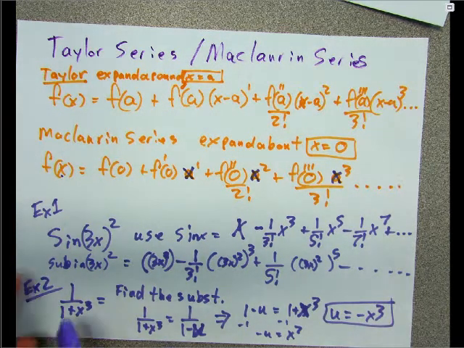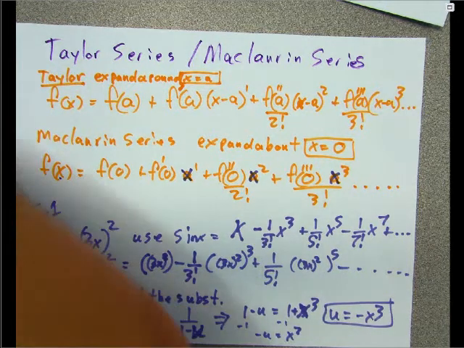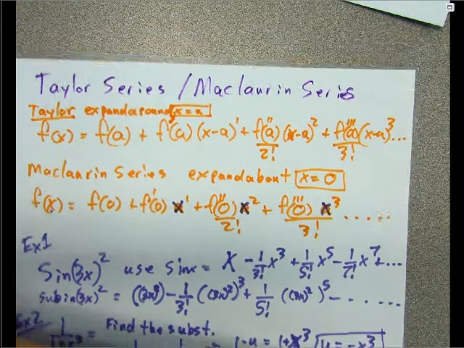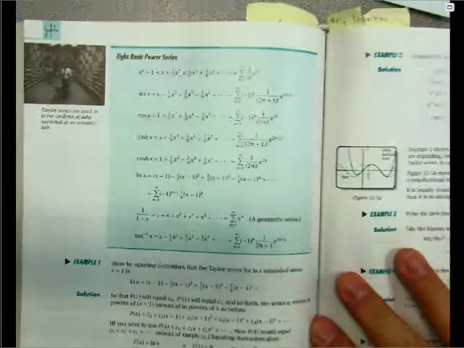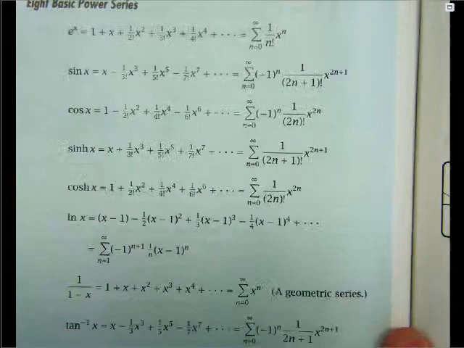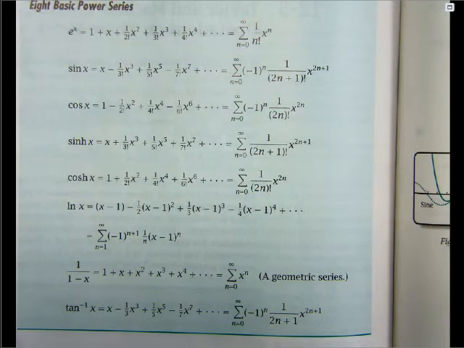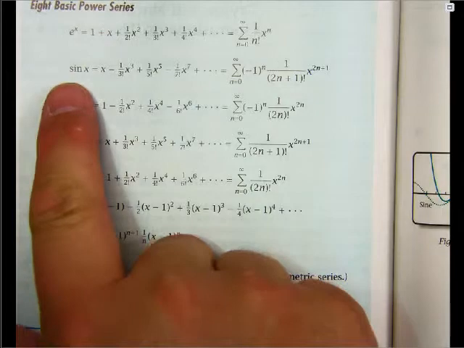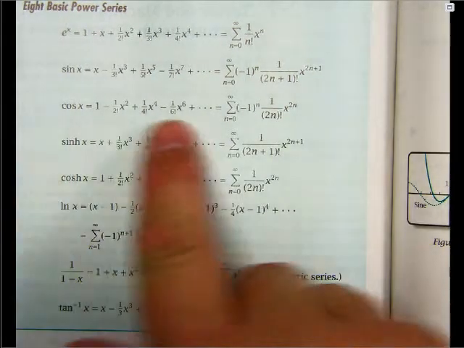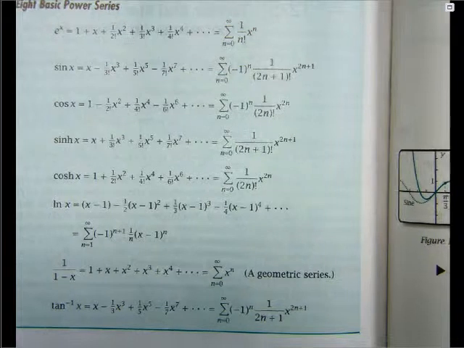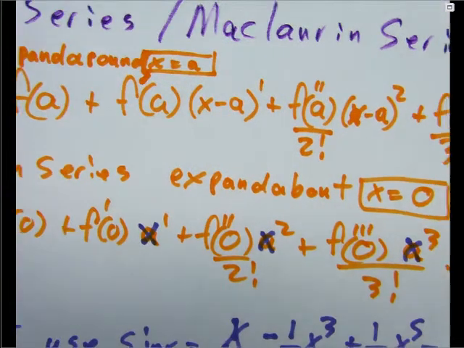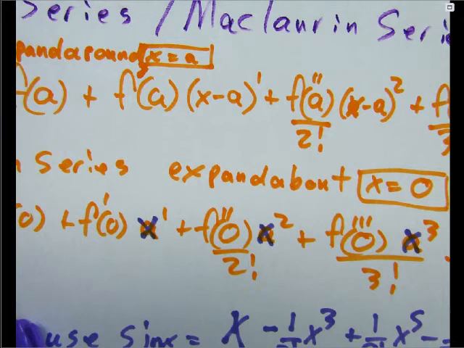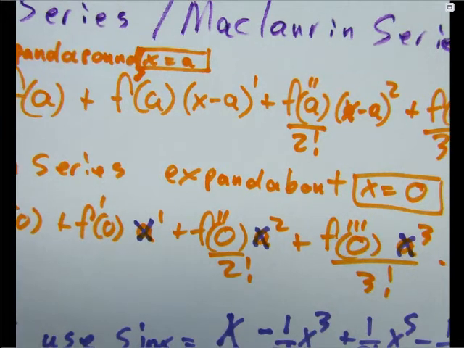In our example number 1, let's take sine x. And I will put this online, but we know some basic standard series. Those basic standard series are right here. So it should be online, or if you wish to, you can pause the video and use your digital device to take a picture of that. But we have standard series that have been built up because they're ones that we used often enough to memorize. With that, I want to find the sine of 3x squared rather than just sine x.